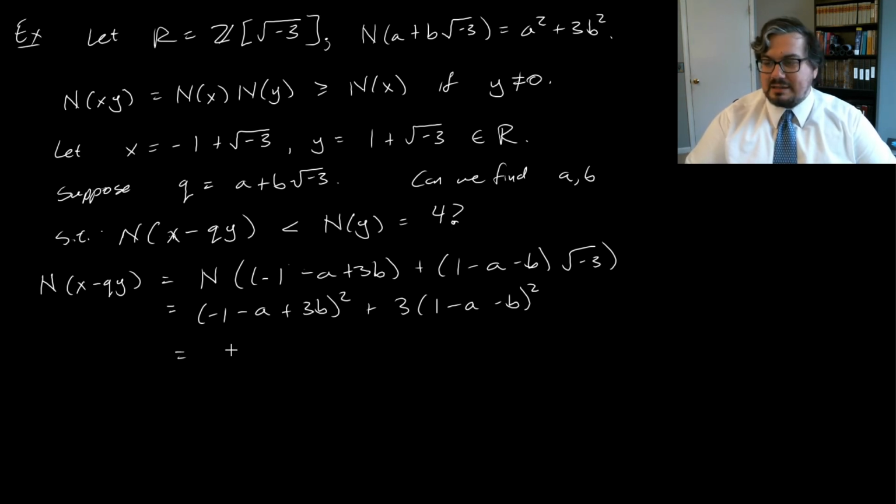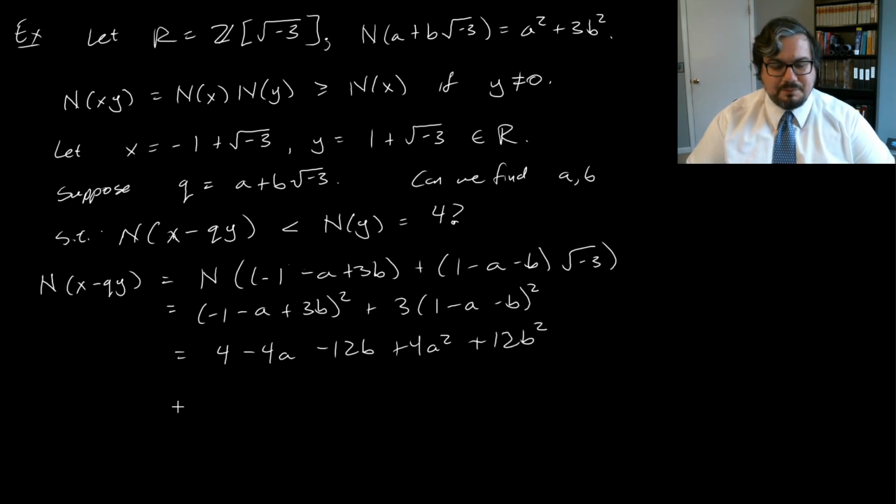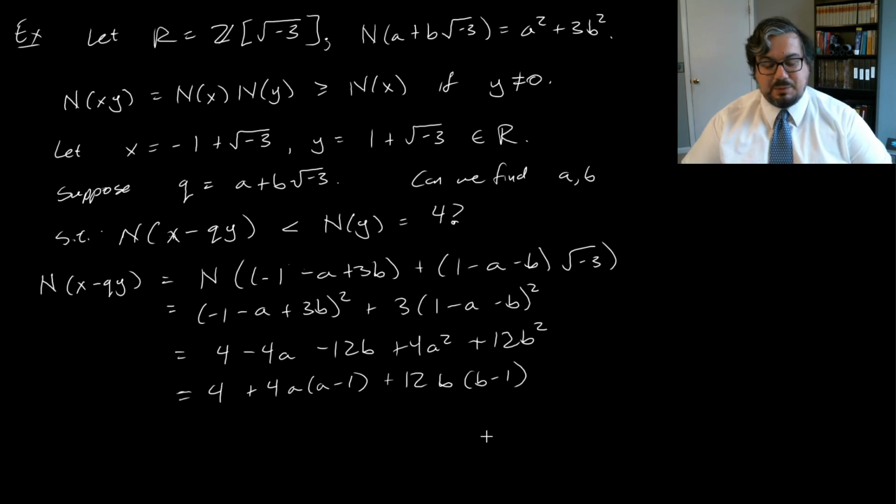And when you expand this out, this cancels, this becomes 4 minus 4a minus 12b plus 4a squared plus 12b squared. And if we bring the a pieces and b pieces together and factor out, we get that this is 4 plus 4a times a minus 1 plus 12b times b minus 1.